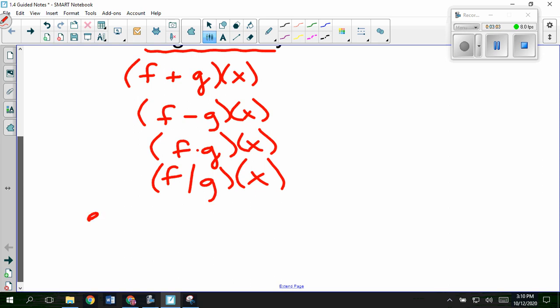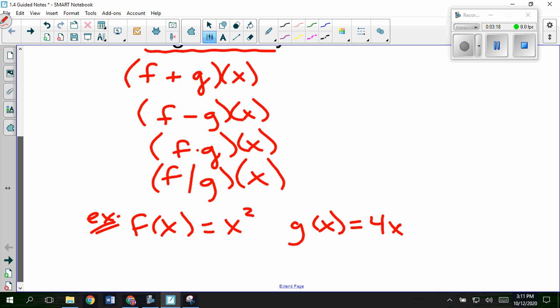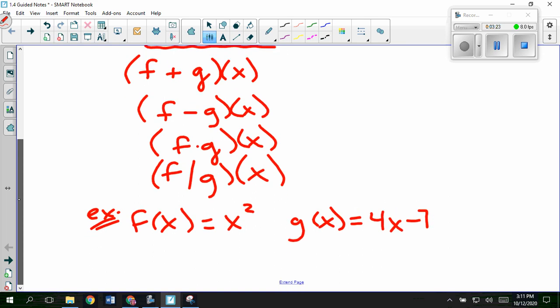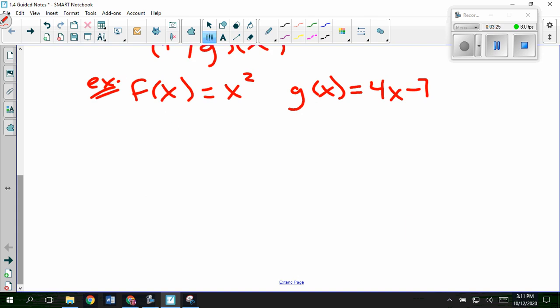If I just do one simple example here, most of your problems are going to be something like: let f of x be x squared and g of x equal 4x minus 7. We can certainly look at combining these in several different ways.